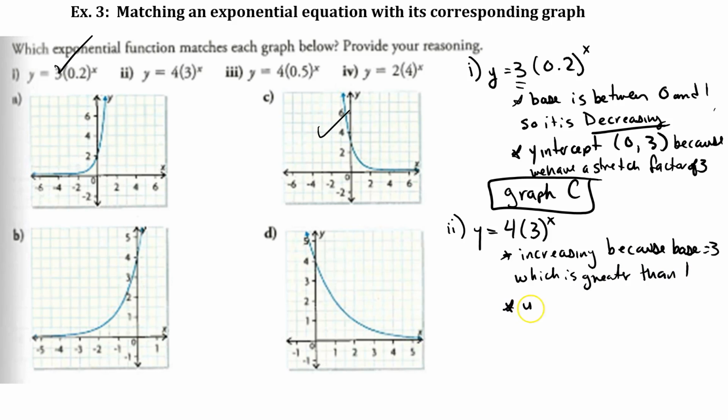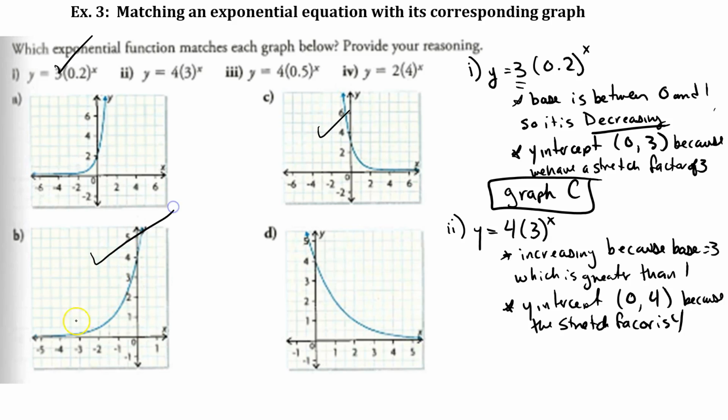And we know that the y-intercept is going to be at (0, 4) because the stretch factor is 4. So I know that it's increasing and it has a y-intercept at 4. I do believe that we have graph B.